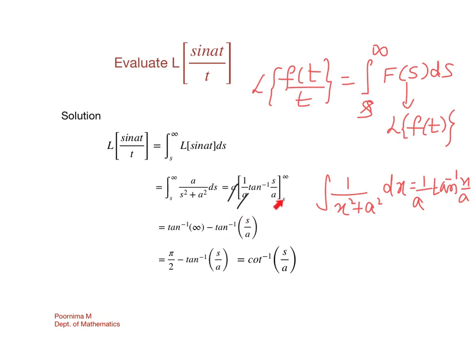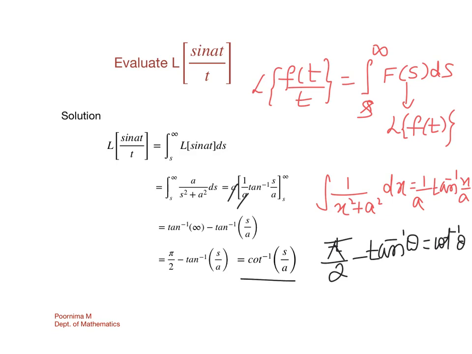We are applying s as the lower limit. We know that tan inverse infinity is pi by 2, and we keep this as it is, and we have the standard identity: pi by 2 minus tan inverse theta is cot inverse theta.